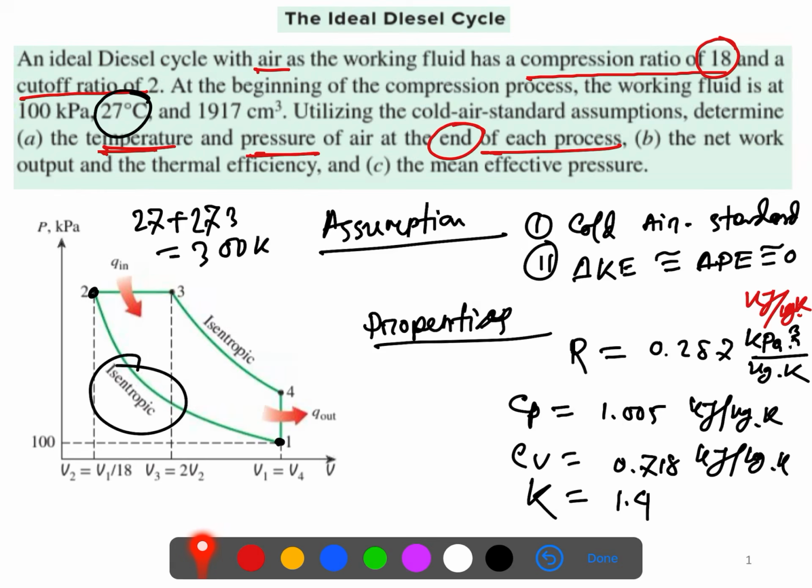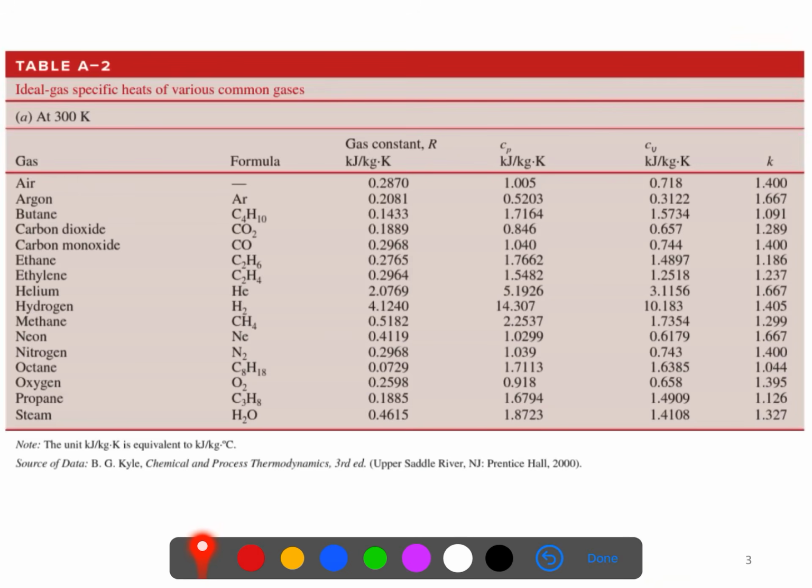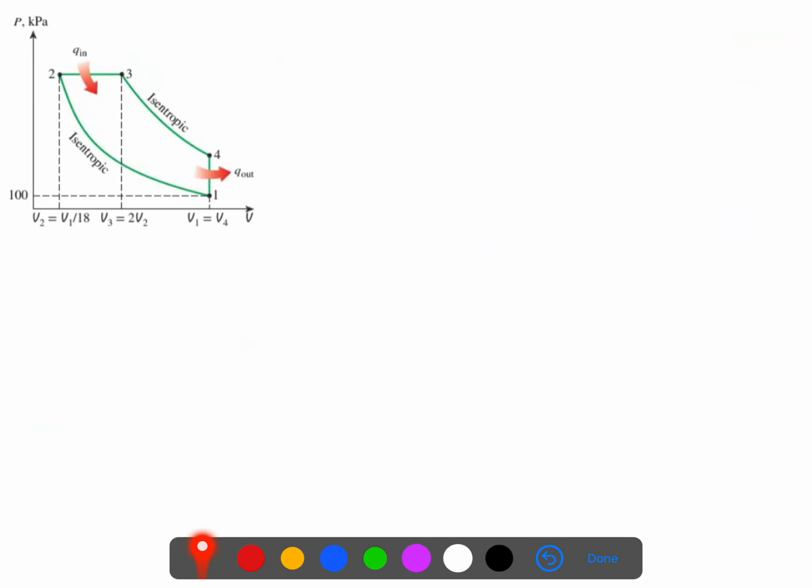So now the net work and the thermal efficiency, this is really important. We start with this part. We know the thermal efficiency is equal to the net work over the heat in.